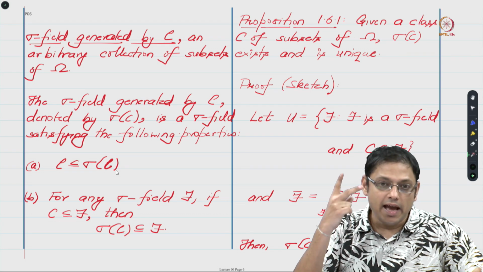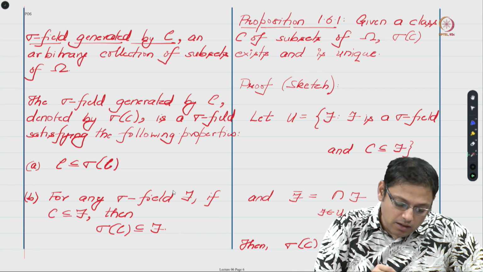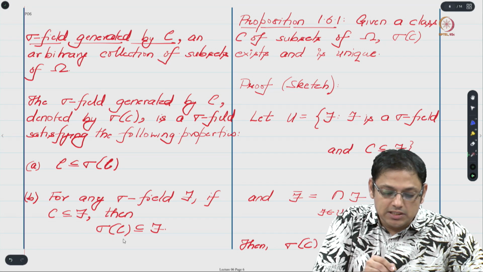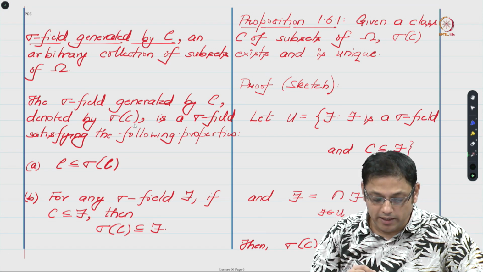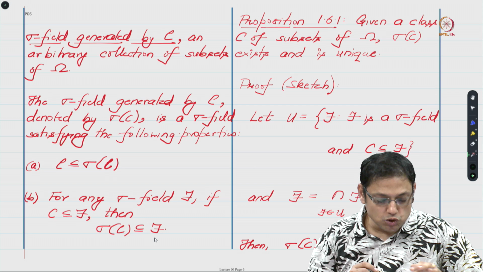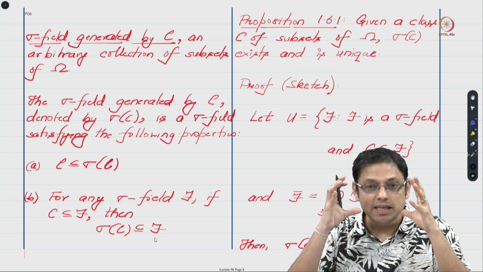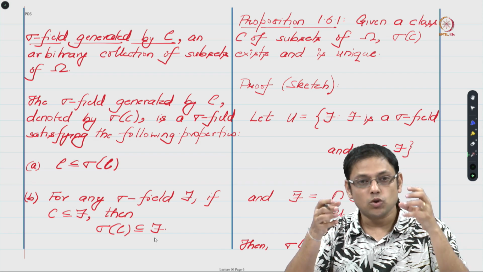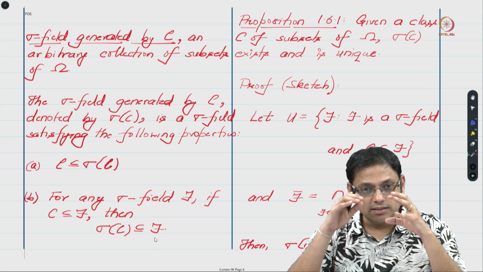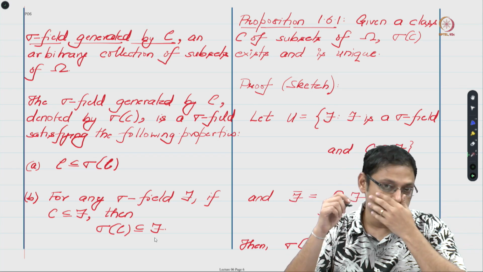The second property is that if you are given any other sigma field F and this collection C is a subset of F, then sigma of C, the sigma field generated by C, should be a subset of F. These two properties together imply that sigma of C is the smallest or minimal sigma field containing C. So if you give me C, you construct a sigma field containing C, and that sigma field would be sigma of C if it is the smallest sigma field that you can construct.